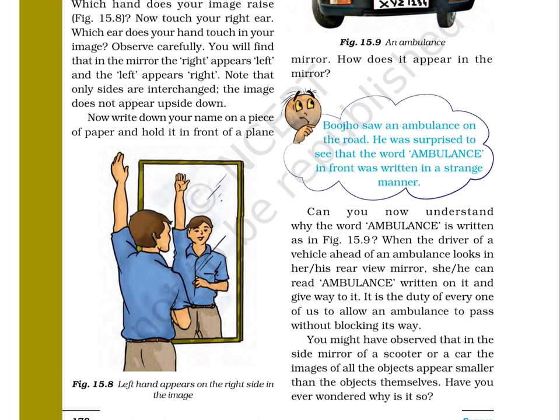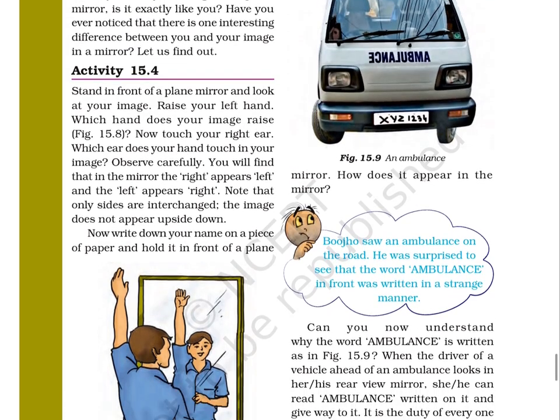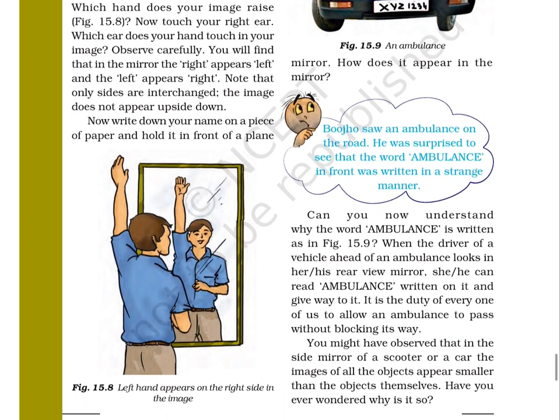Now, touch your right ear. Which ear does your hand touch in your image? Observe carefully. You will find that in the mirror, the right appears left and the left appears right. Note that only sides are interchanged. The image does not appear upside down.